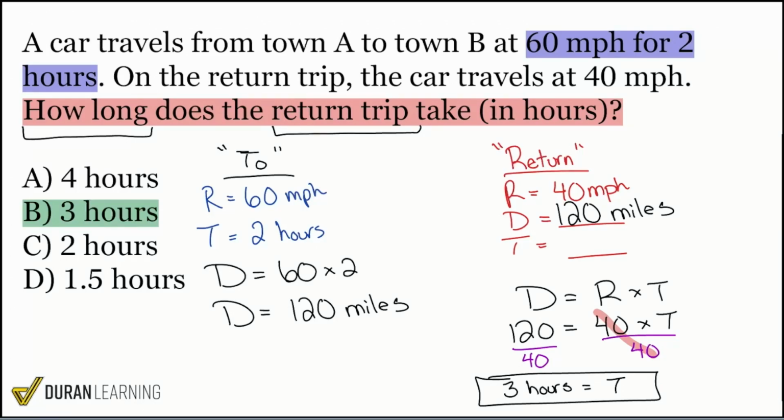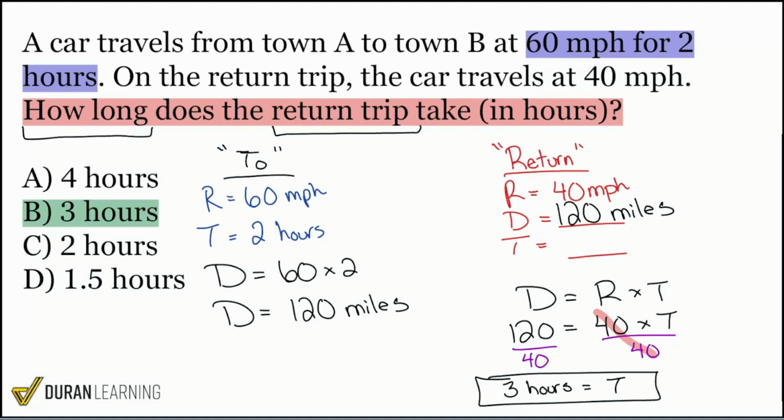And this makes sense. We went slower and we found that it took more time. So just wanted to express that out there that you could have eliminated C and D knowing that we went slower for the same trip, for the same distance. So C and D could have been eliminated immediately and you probably could have gotten away with taking a guess between A and B.